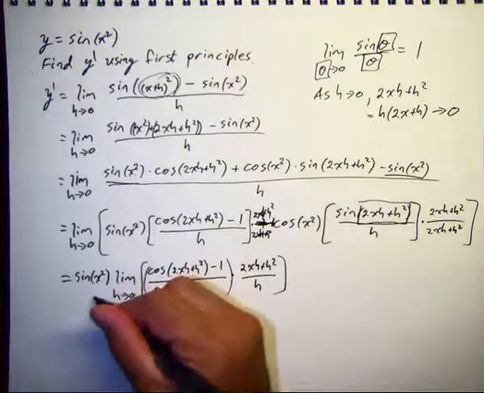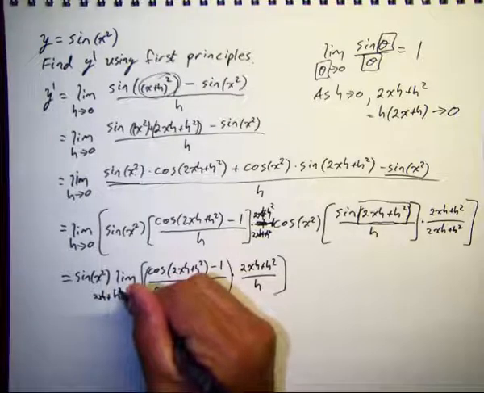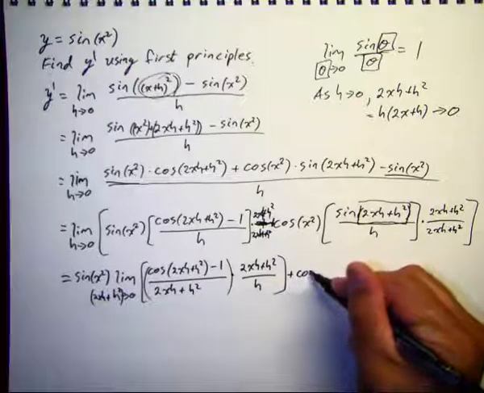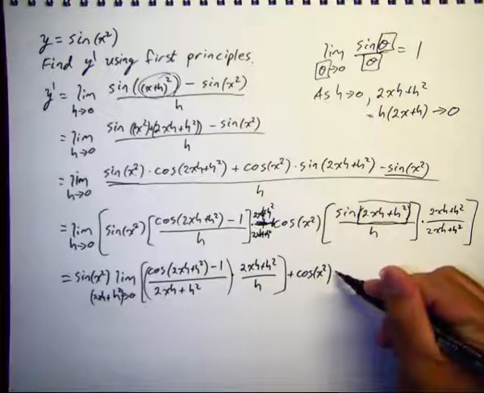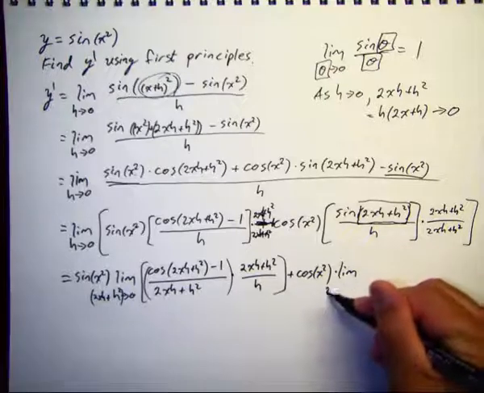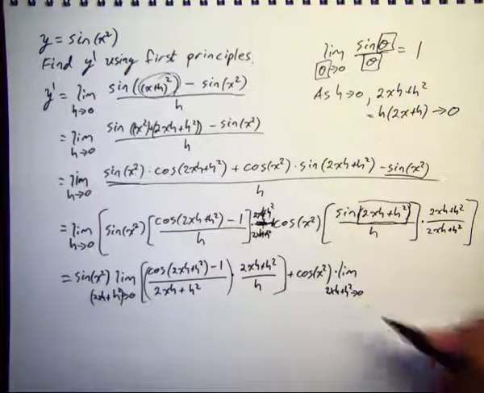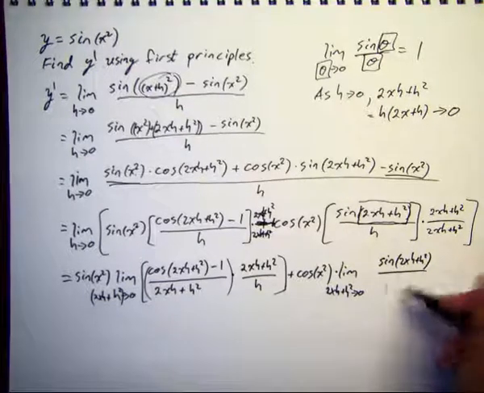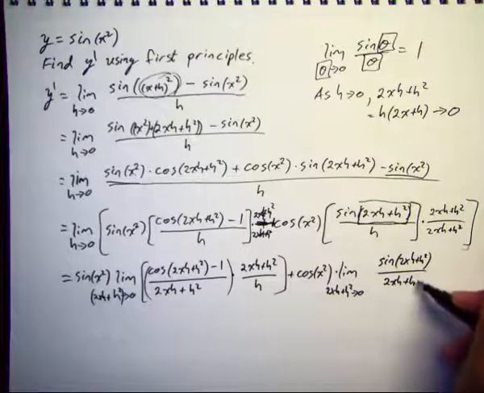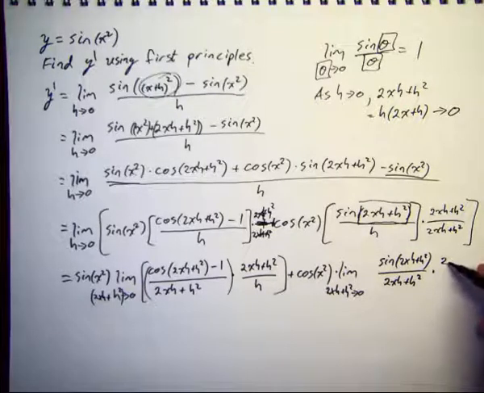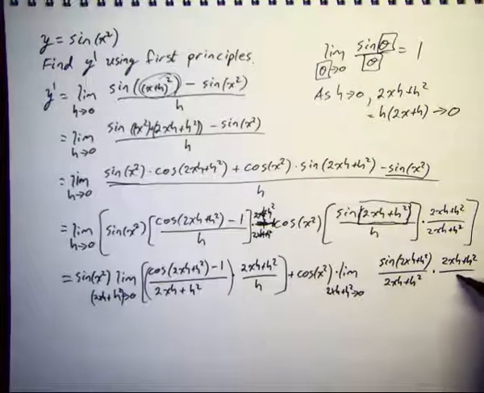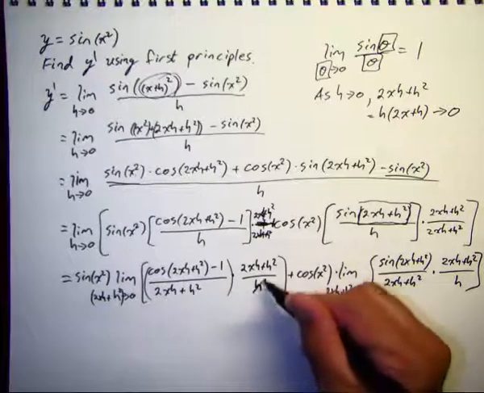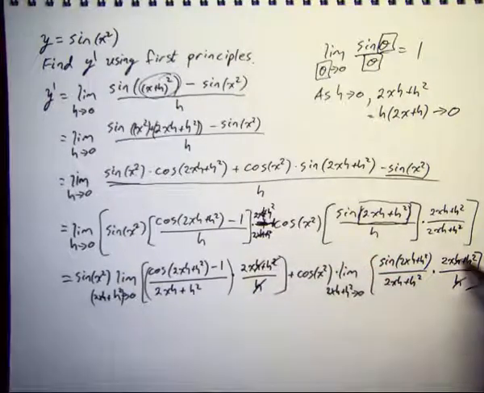So I can change this into 2xh plus h squared goes to 0, and then plus cosine of x squared times the limit. This time we know what to write right off the bat. Sine of 2xh plus h squared over 2xh plus h squared, times 2xh plus h squared over h, everything in brackets, and the h's cancel out here and here.